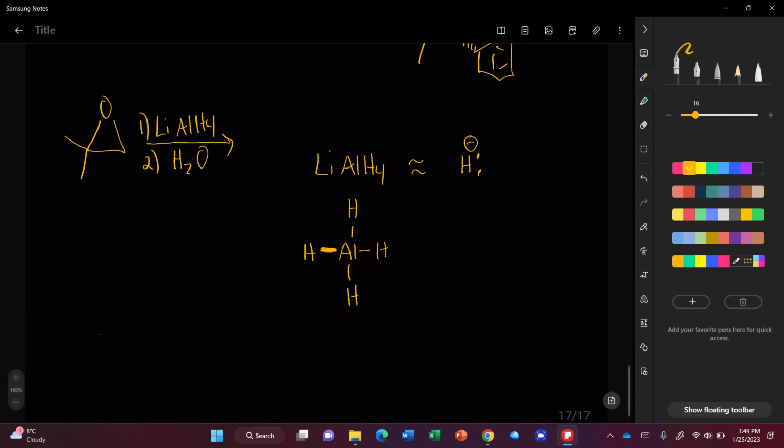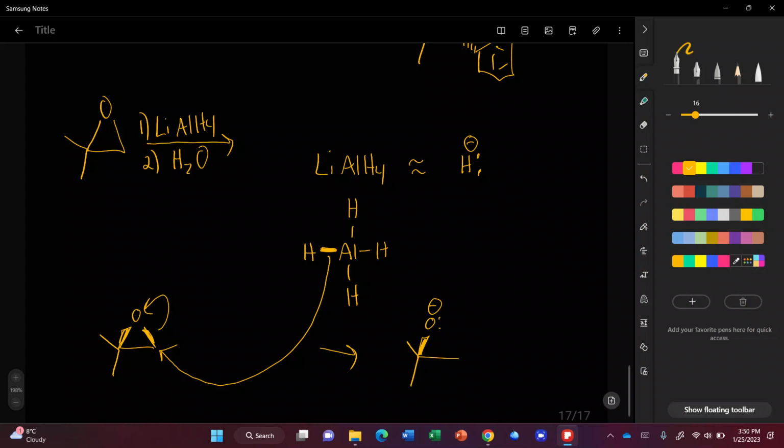And you can imagine, it's going to do the exact same chemistry that we've been talking about this whole time. So I have an epoxide. The nucleophile attacks the less substituted electrophile, which causes the leaving group to leave, and that gets me to here.